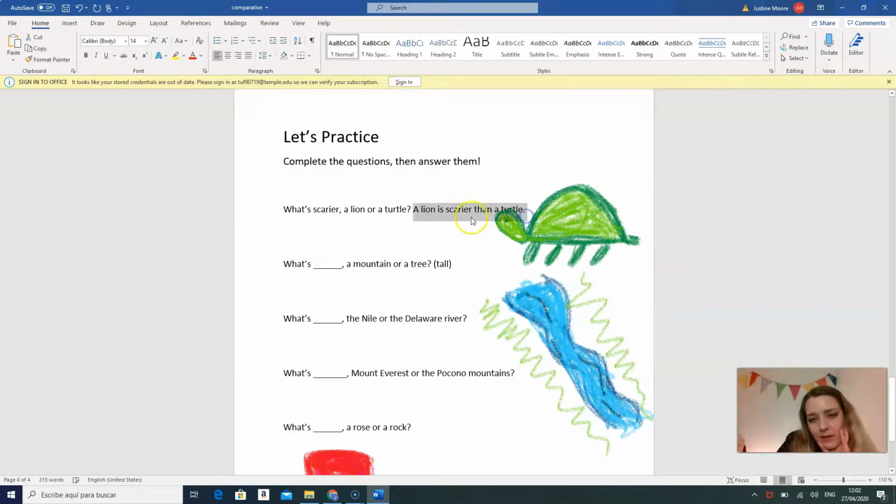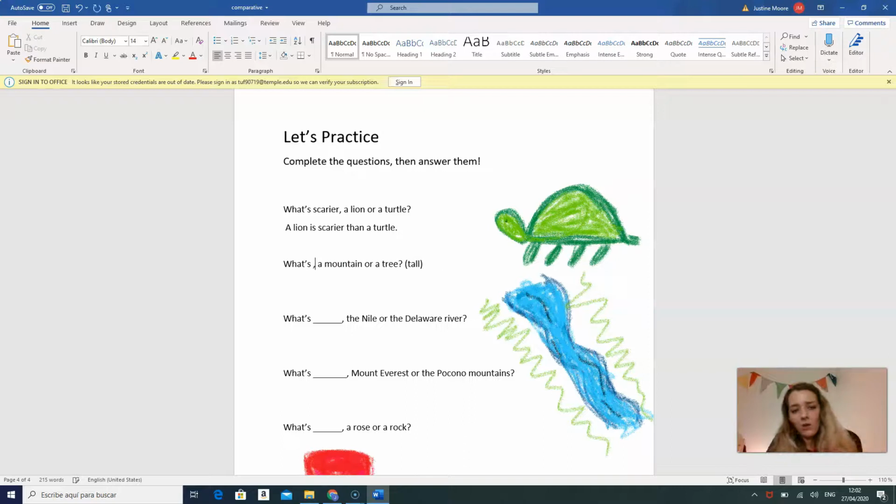Here, let's move this down. We'll move the answer down there. So what's scarier, a lion or a turtle? A lion is scarier than a turtle. All right, now we have tall. What's a mountain or a tree? What's taller, a mountain or a tree?